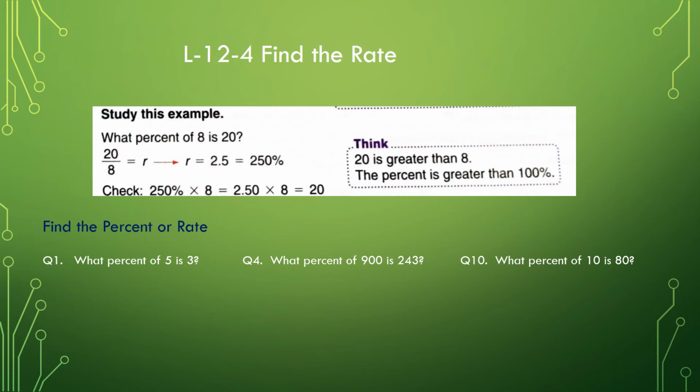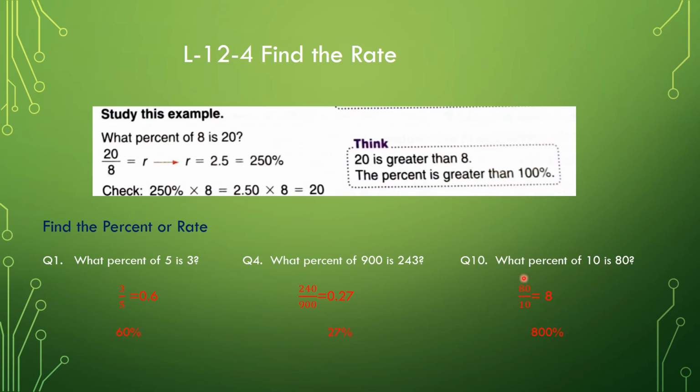Three by 5 is equal to 0.6, so it is 60%. And 243 over 900 is 0.27, which means 27%.